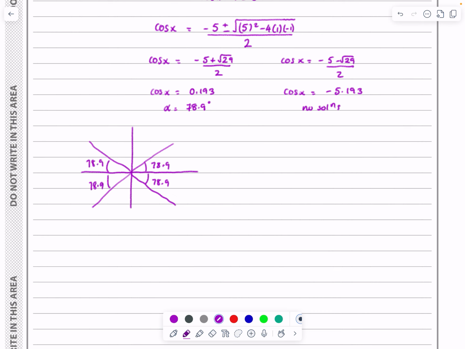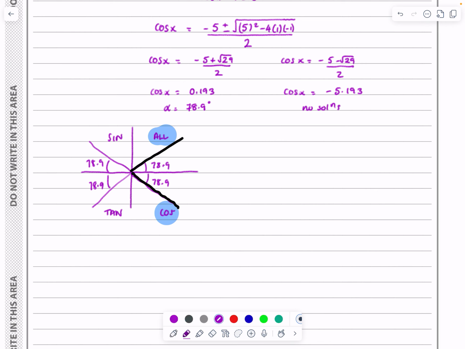But I use that alongside the CAST diagram, all, sine, tan, cos. What the all, sine, tan, cos signify is where the ratios are positive. So all of them are positive there, cos is positive there, and those are the two that I want. My two solutions are this one and this one here.